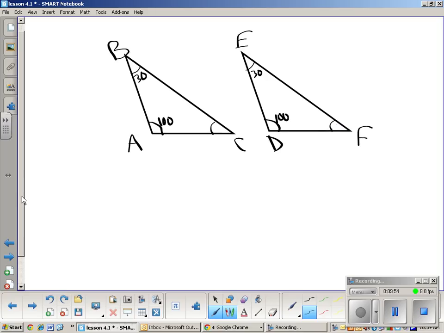If these two angles in this triangle are congruent to these two angles in this triangle, then the last one has to be congruent, and that's our theorem.